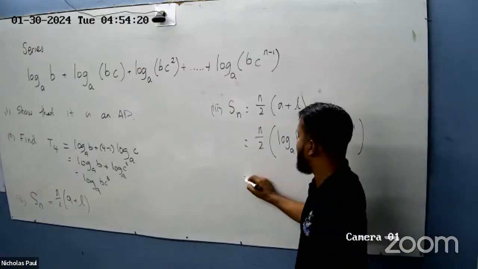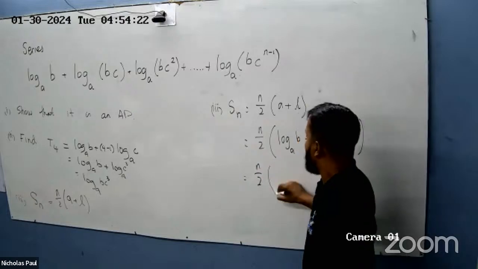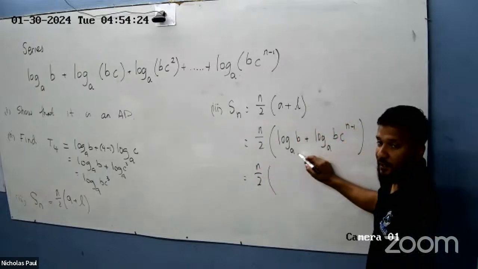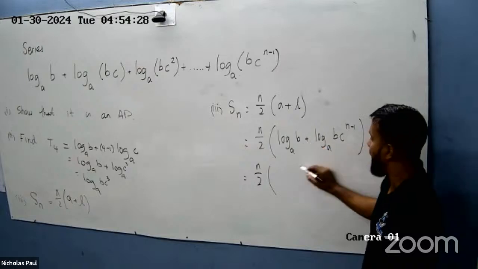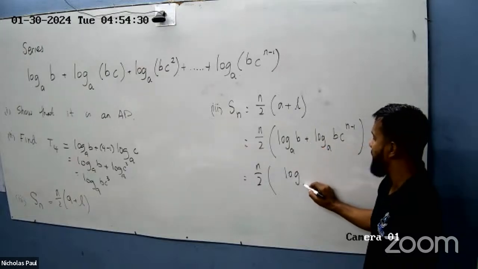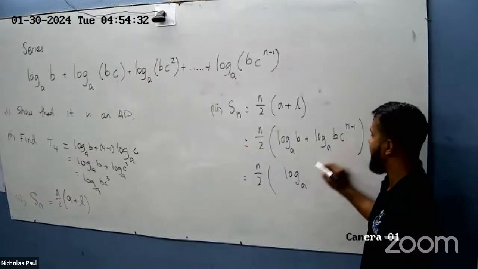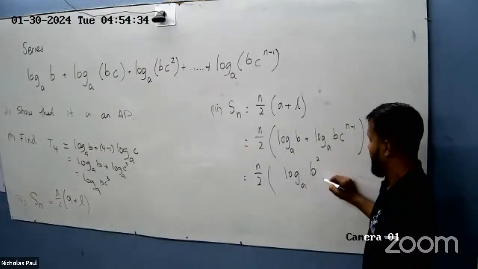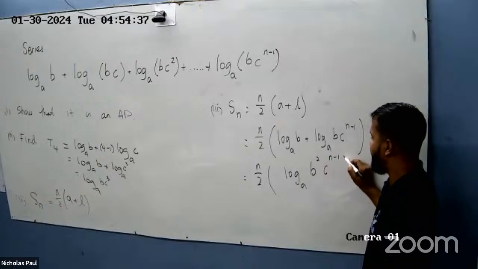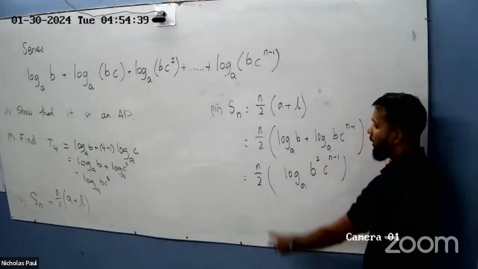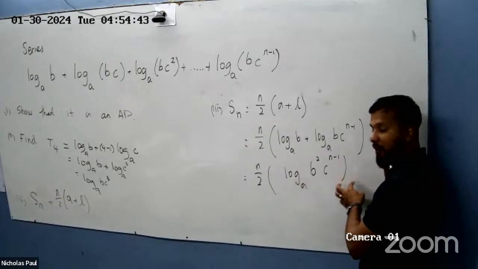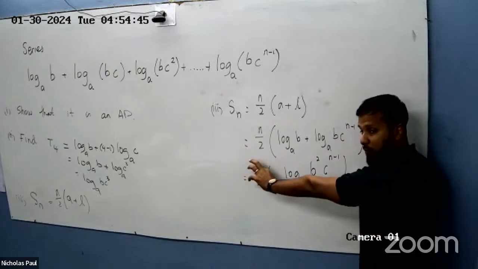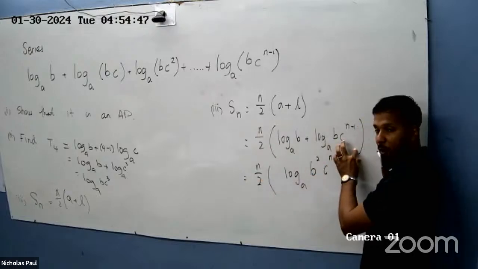Let's see what you had. So this is n on 2. Same base, addition sign. So what do we do, Kiran? Multiply. So you'll get log to the base A of B times B squared times C to the n minus 1. But remember, it's n on 2 by the whole thing, right? So what could we do with the n on 2? Put it as the power.